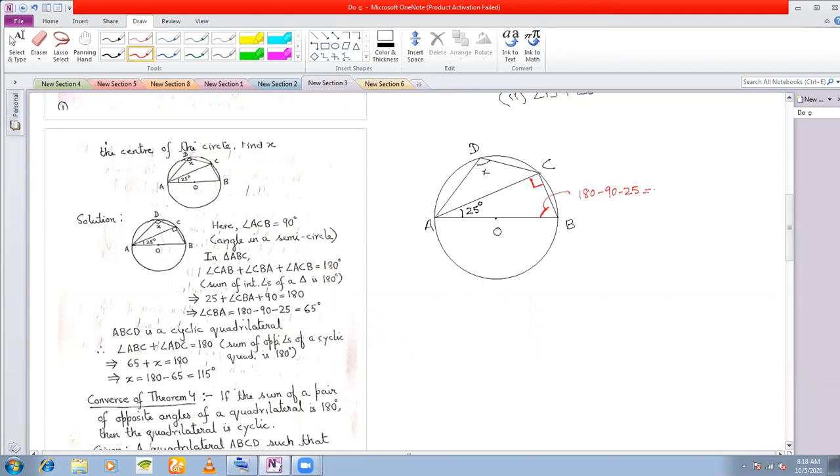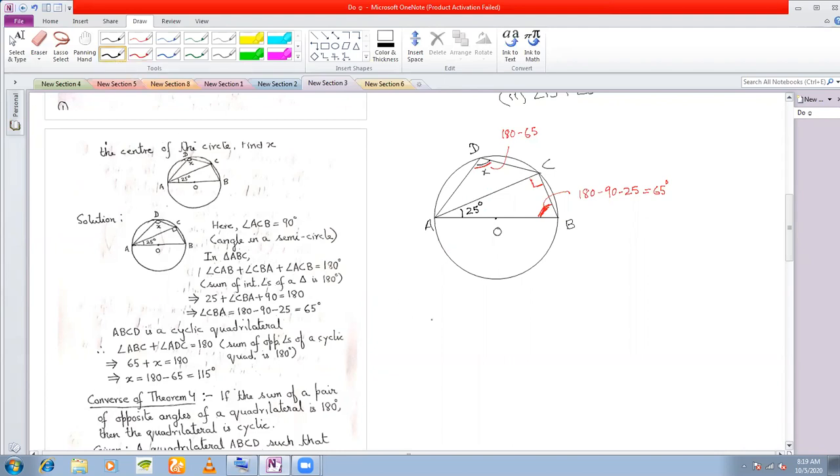Okay, so which comes to 65 degree. Now you see that this X and this red angle here, which I found out to be 65 degree, these two are the opposite angles of a cyclic quadrilateral. So therefore, the sum of these two angles must be 180 degree. So what should be the value of this angle X? It should be 180 minus 65. So that is how we find out.